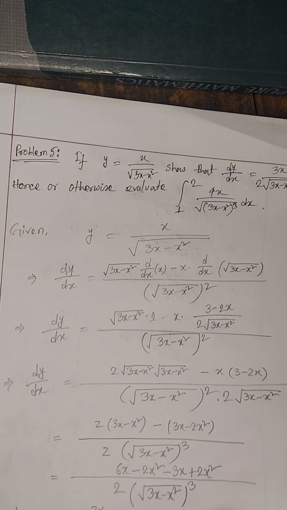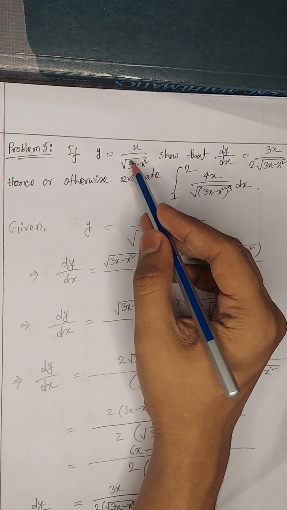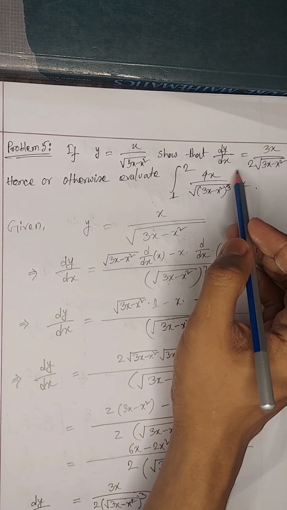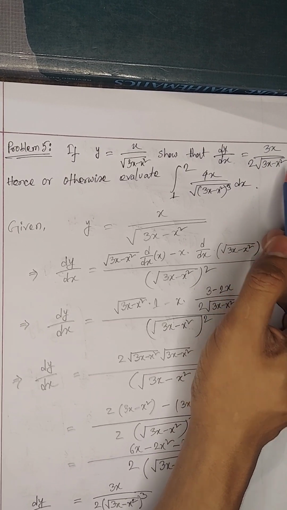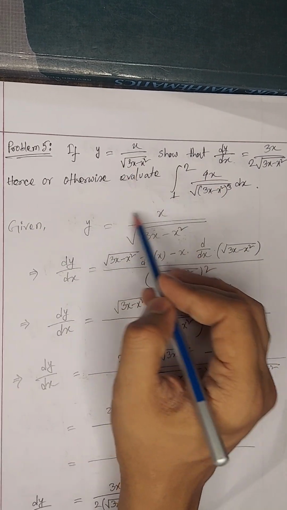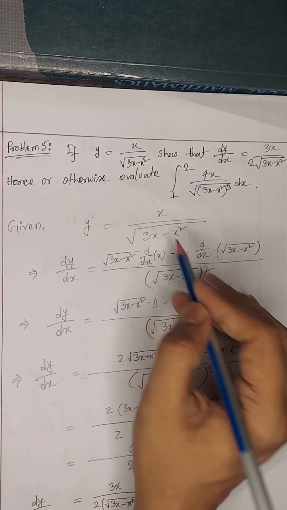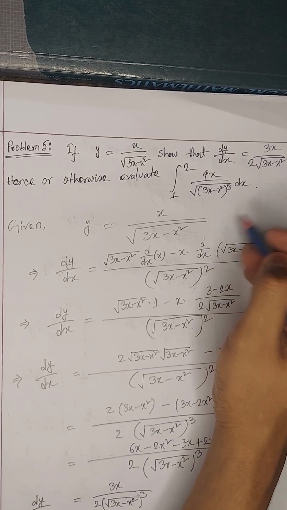Now the last problem. Here we are given y is equal to x by root over 3x minus x square. We have to show that dy by dx is equal to 3x divided by 2 root over 3x minus x square, and evaluate the value of this expression. We are given y equal to this term. This is in u by v form, right?